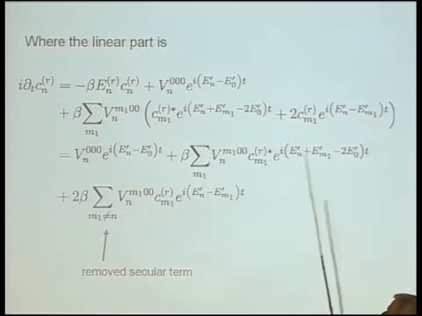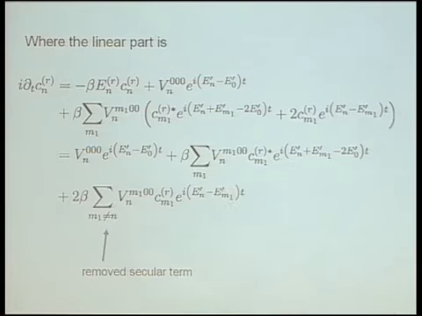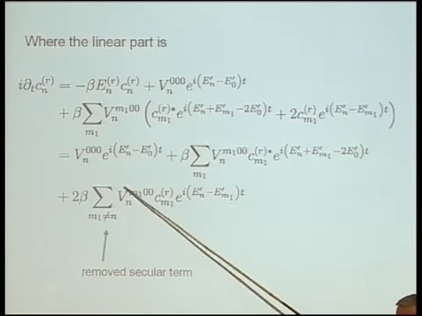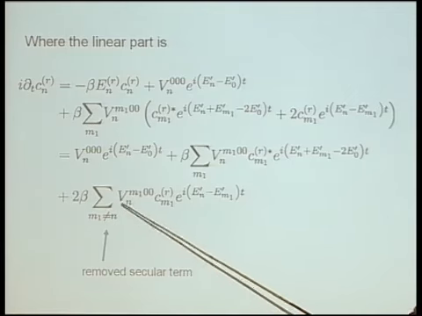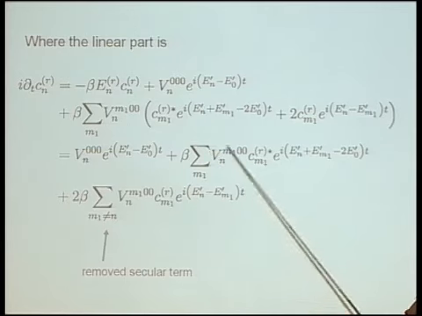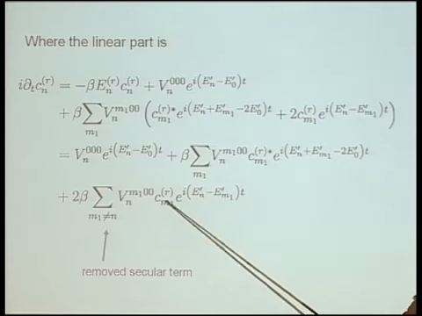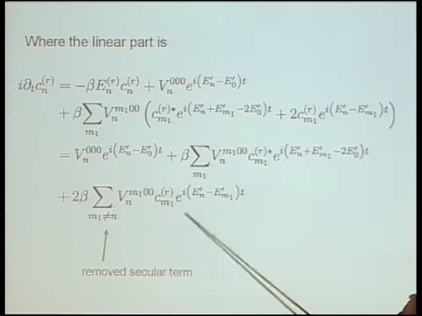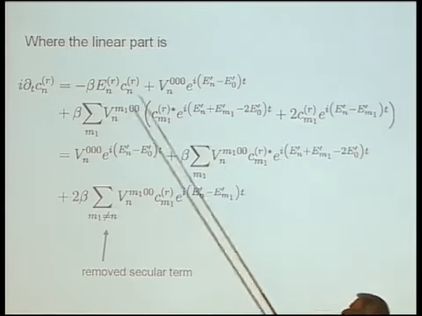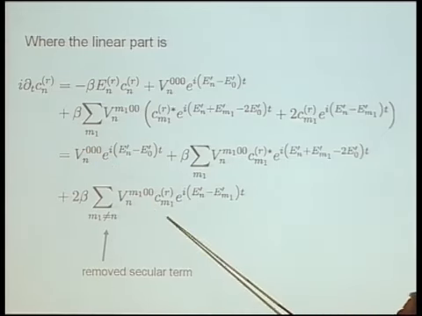Okay? So now here is the equation for the linear term after I removed one secular term that I don't want to have. What you see here is a linear equation for the remainder at the n-th component as a function of the other components.